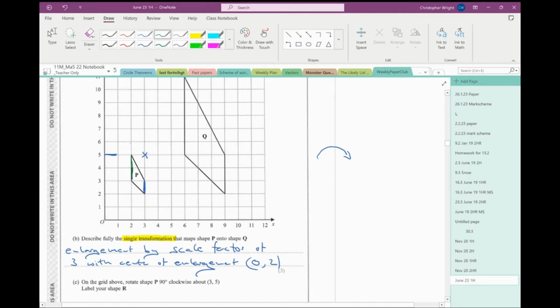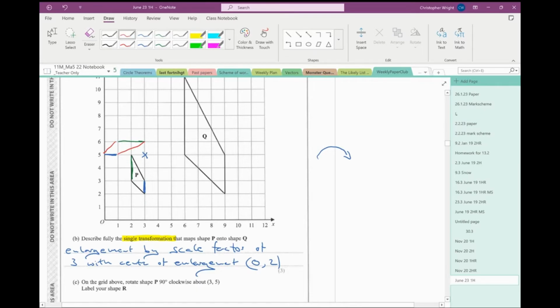So it is going to end up here, which means that my new shape is that one.